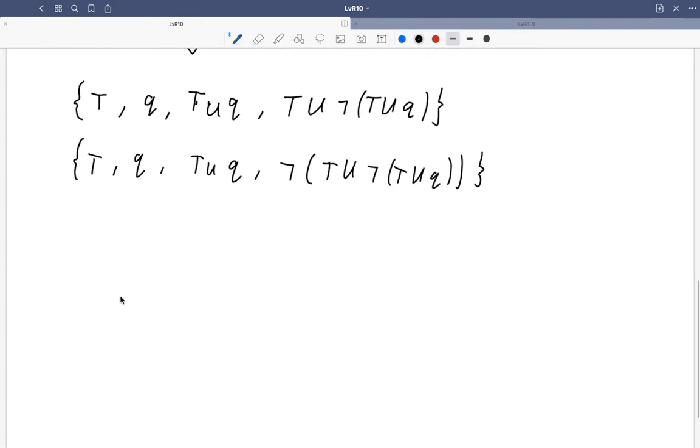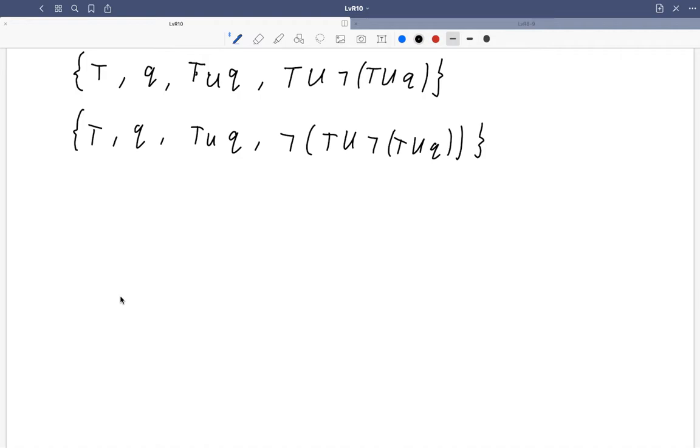So let's now look at the possibilities where we put not Q in.